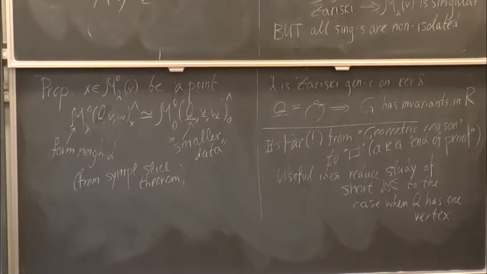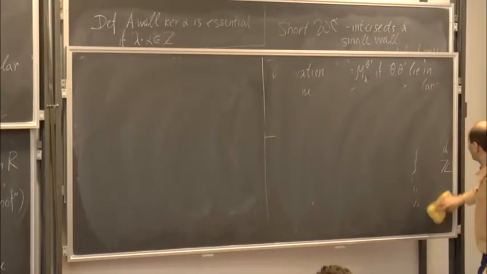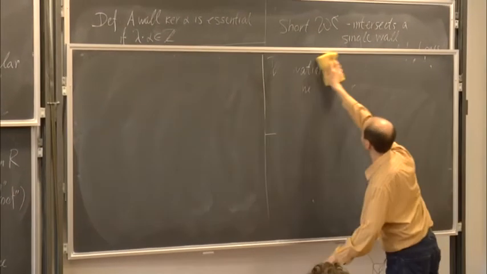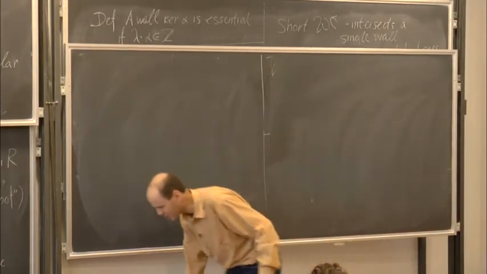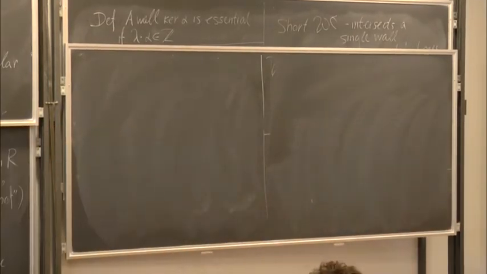Now I want to state some maybe more precise results about this functor. And as you know, in mathematics, if you have some objects with good properties, you call them perverse.